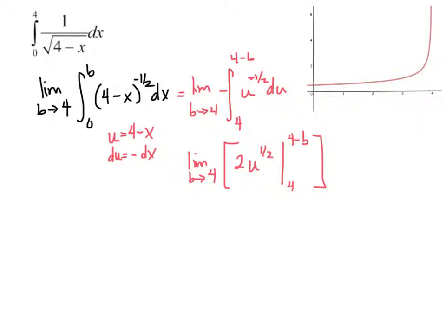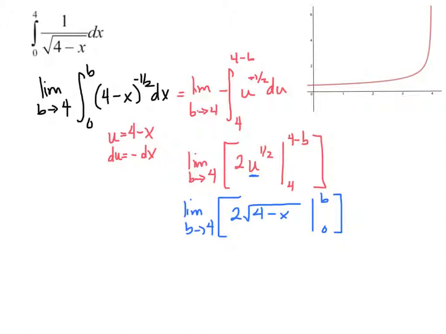Now, I might actually resubstitute in, because this is kind of an odd looking bound, and it gives us a chance to say this is 2 square root of 4 minus x evaluated at b and 0. Makes it look a little bit easier. It wouldn't make a difference. You certainly could have left it, but I usually don't, so maybe this is my chance to put it back to what our original problem looked like.